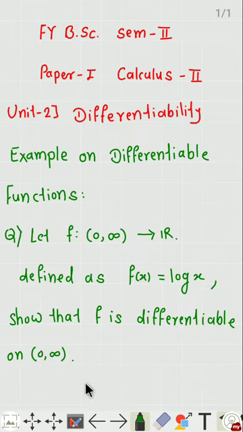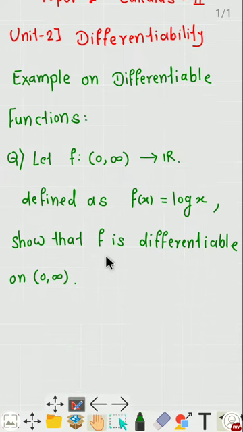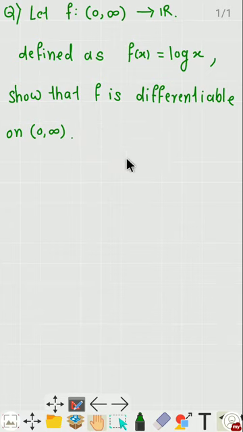Okay, so let us write the answer of this question.